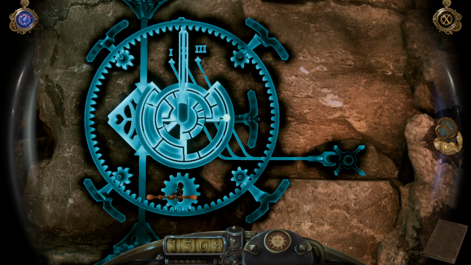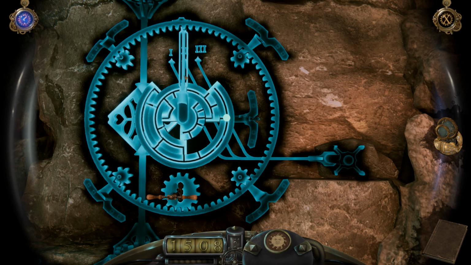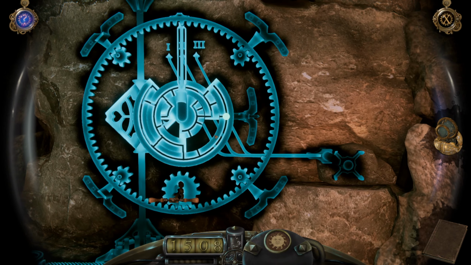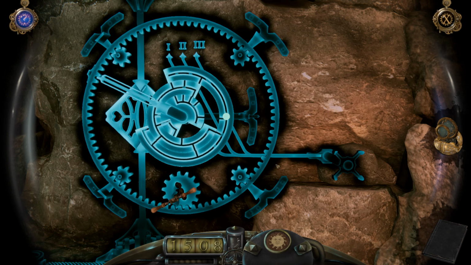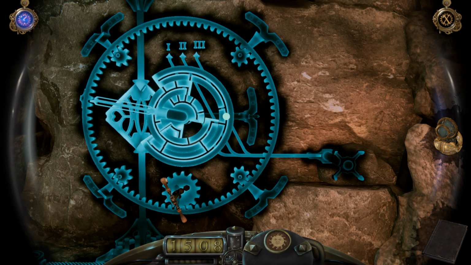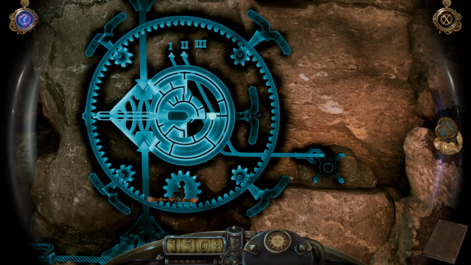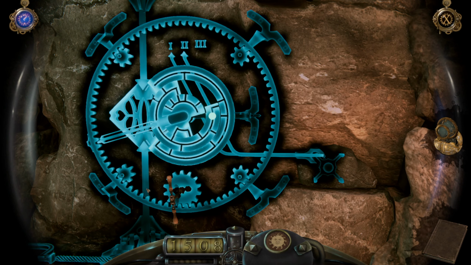So what are these? These just tell me the level. These tell me the depth, if you want to call it that, of the, what do you want to call this mechanism?